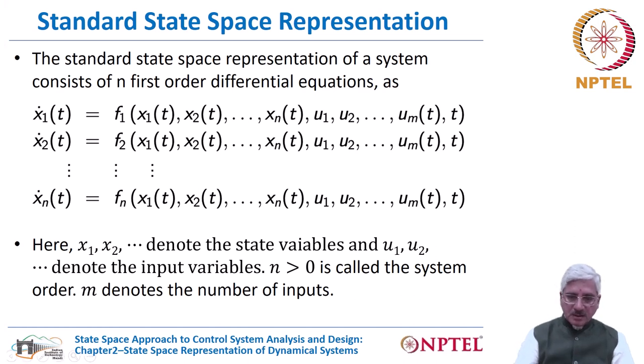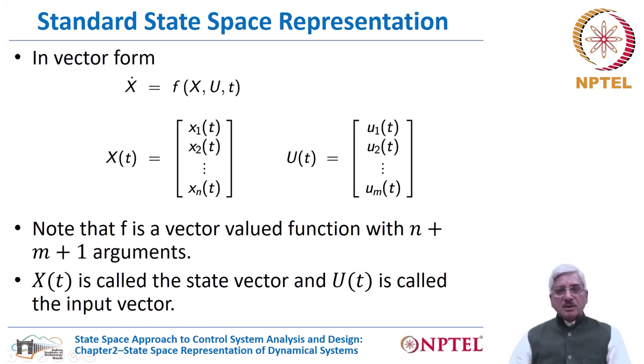These equations can be represented in concise form in the vector form as x dot equal f of x, u and t, where capital X is a column vector consisting of all states x1 up to xn. Capital U is also a column vector of all the m input variables u1, u2 etc. and t denotes the time.